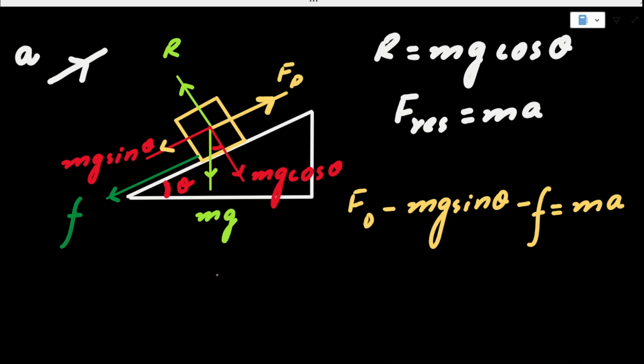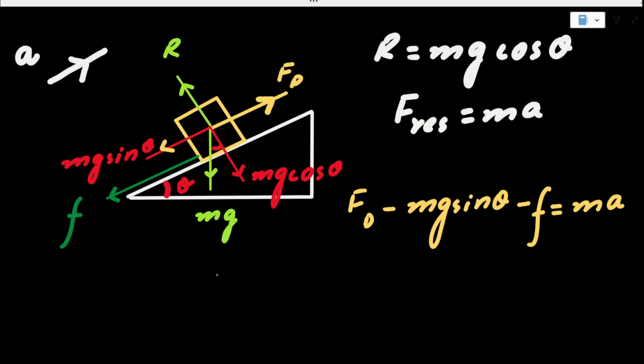Now for this one, many of the values would be given and you can be asked to find a specific value. For example, they can ask you to find friction, they can ask you to find acceleration, but meanwhile the other quantities would be given. And generally they link this situation with the concept of work, power, energy.